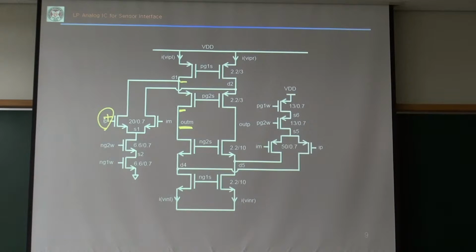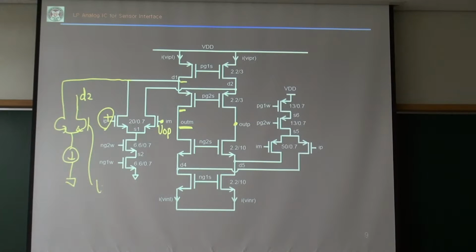Okay, and then I want to replace this thing by VOP. I just connect this node to there, okay? Then how about the other node here? The other node there, I have current source there. Okay, so for the D1, this is D2. Yeah, for the D1, let's see, this should be VOP, right?